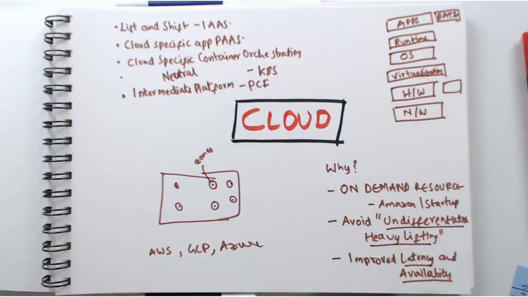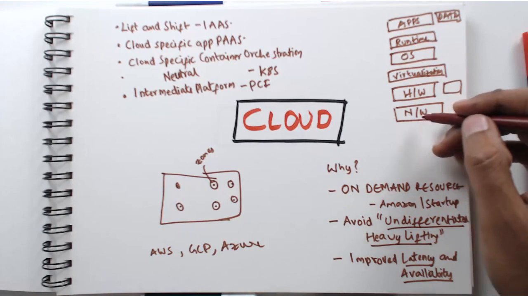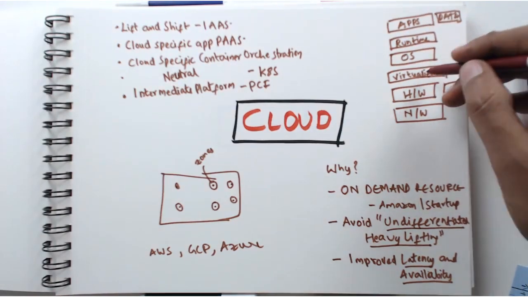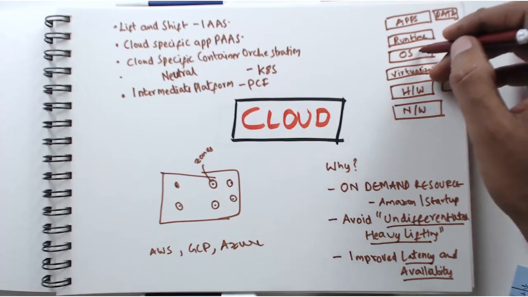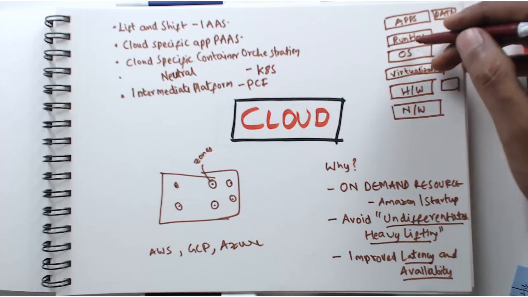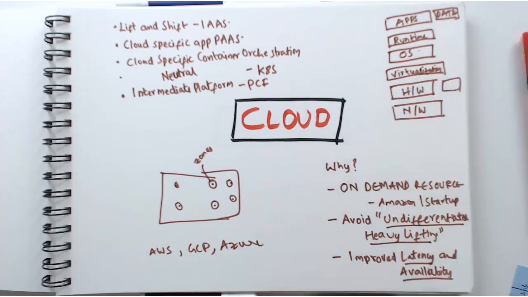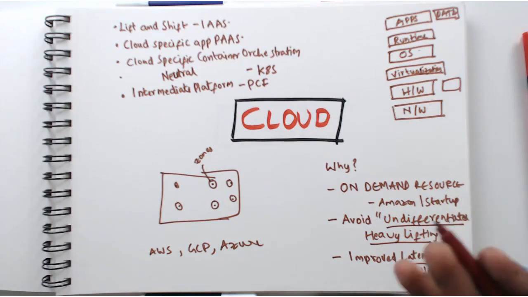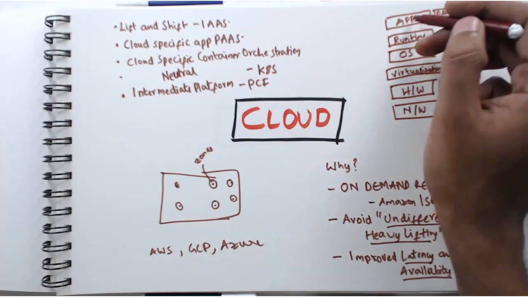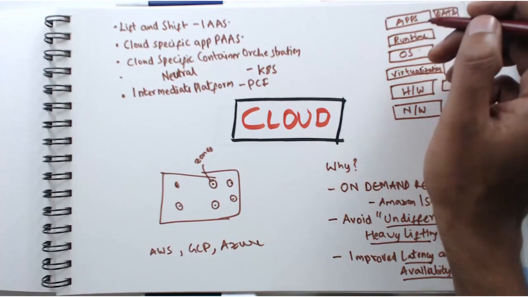So this is how things are in the cloud. So you have your network connectivity, on top of it is your hardware, you have virtualization layer, you can install whatever operating system you'd want, you can actually choose any runtime, maybe you'd want to install Java, you'd want to install Tomcat, all that are runtimes, and on top of it is your apps. So that's the whole thing.